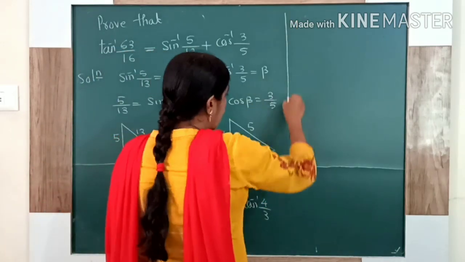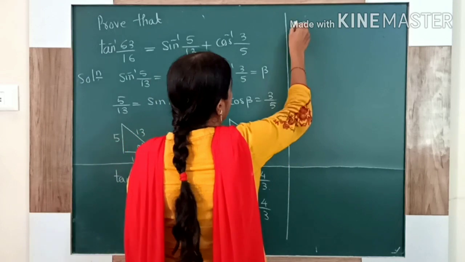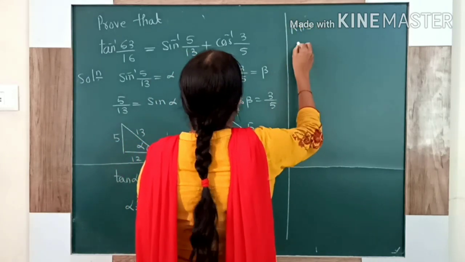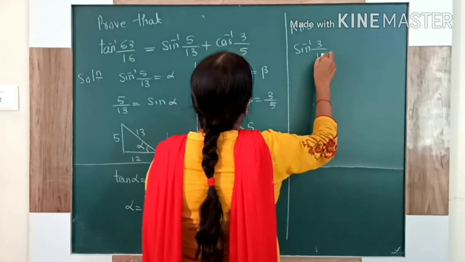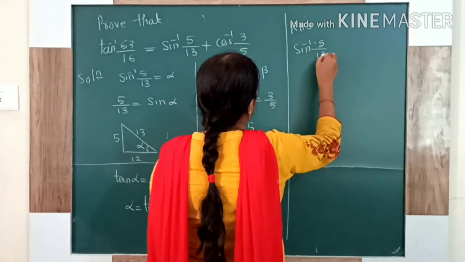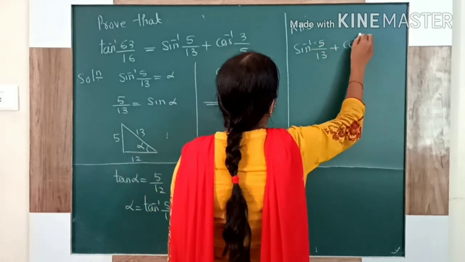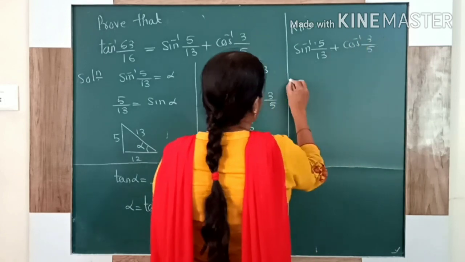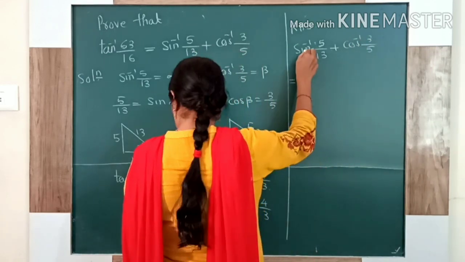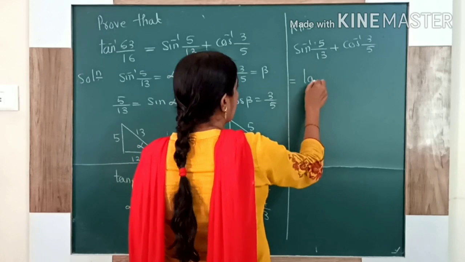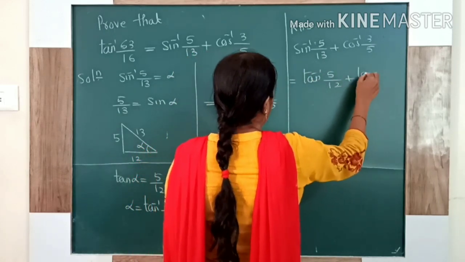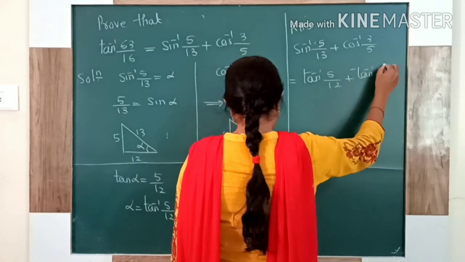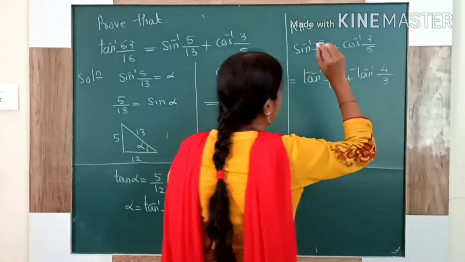After conversion, here you have to write the RHS. Sin inverse 5 by 13 plus cos inverse 3 by 5. So on conversion this is tan inverse 5 by 12 plus tan inverse of 4 by 3.